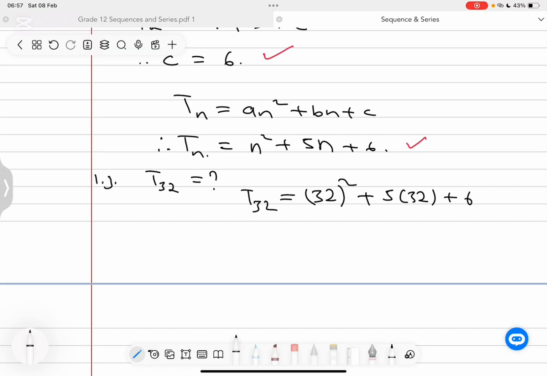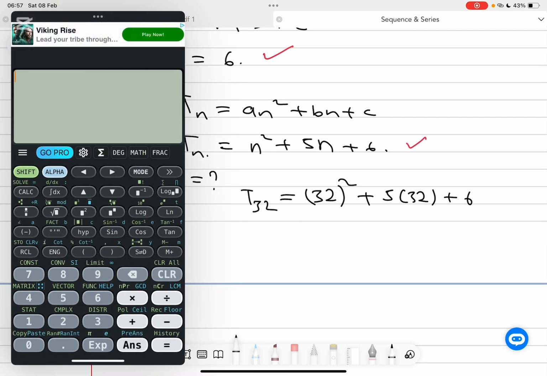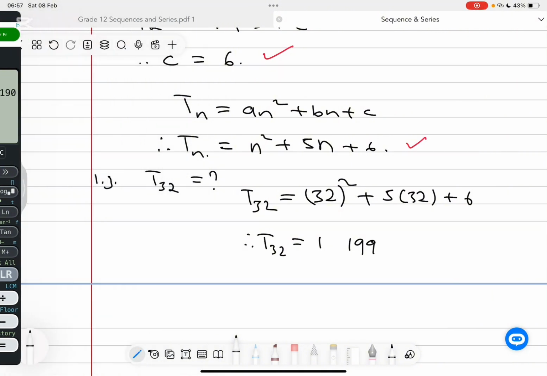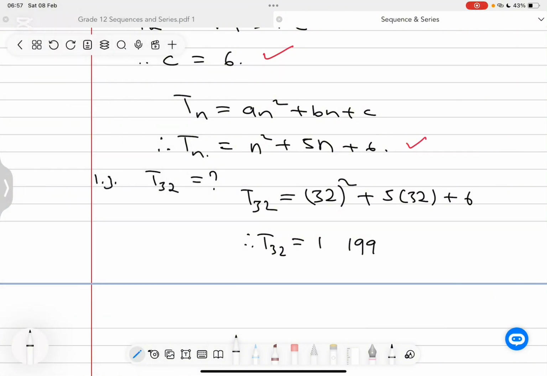So I'll just pull my calculator to say I have 32 squared plus 5 times 32, plus 6, and this would then mean that our 32nd term would be given by 1190. And this question is only really for 2 marks, because what we are doing here is that we are going to mark the substitution and the final answer.